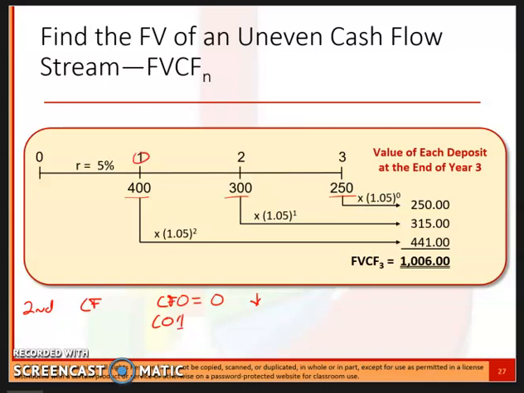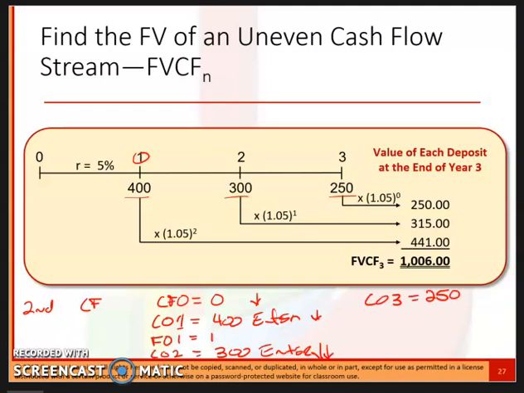C01 refers to this cash flow. So you type in 400, enter. And then below that is F01, the frequency. Default is 1. Frequency is the number of times that it occurs. And then C02 is going to be our 300. So again, enter. And then down arrow twice to C03, and that's our 250.